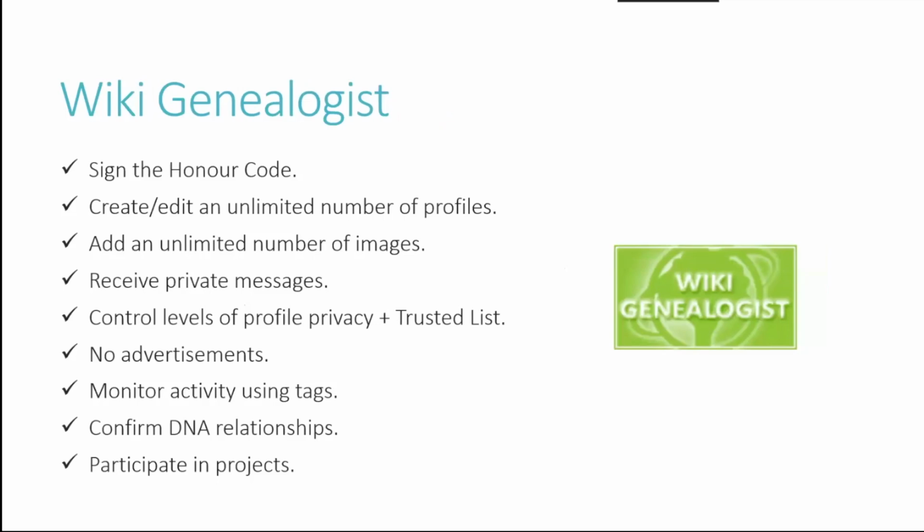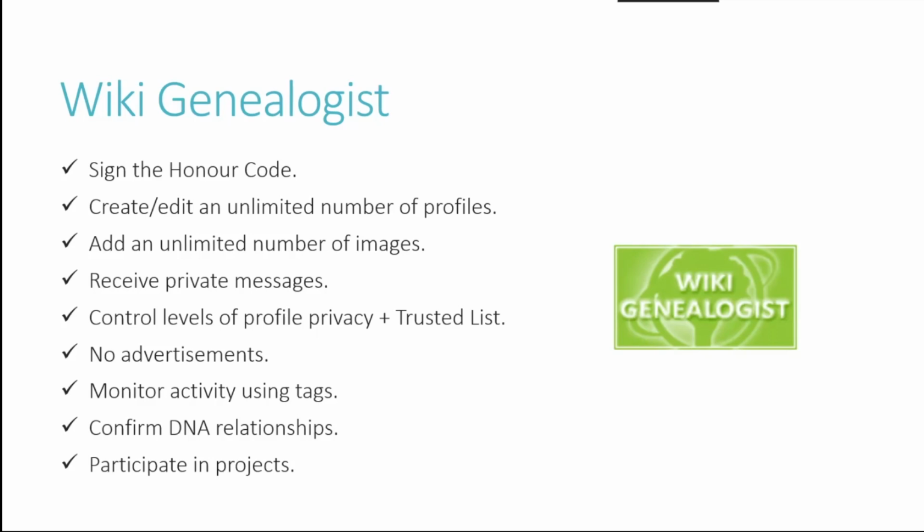But the highest level, which I would hope that all of you will strive for, is called the Wiki Genealogist. In order to be a Wiki Genealogist, you have to sign what's called the honor code, and I'll explain that in a minute. With that, you can then create and edit an unlimited number of profiles. So you can have thousands, tens of thousands.